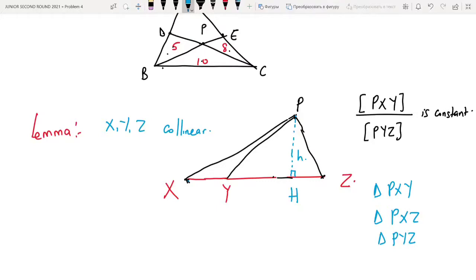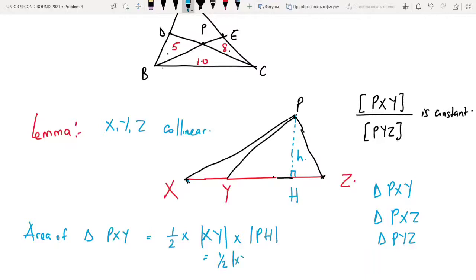Now, what does this mean? It means the area of triangle PXY is half the base times the height. PXY is this obtuse angle triangle, and the base here is XY, so the area is half times XY times PH.